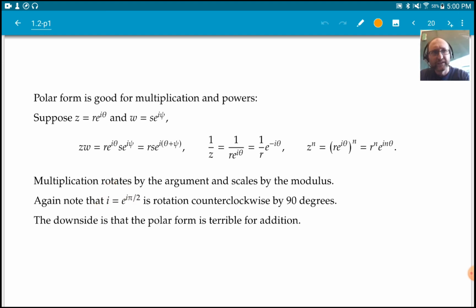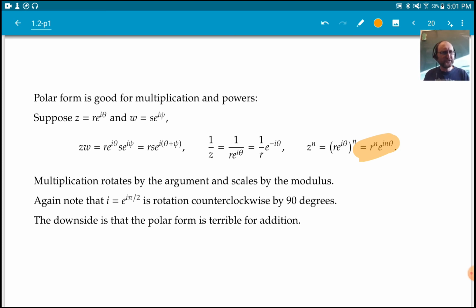All right. Now, the downside of the polar form is that it's quite terrible for addition. Oh well, you can't win them all. It makes multiplication really nice, it makes taking powers really nice, but addition is ugly in polar form. It goes the other way as well. Cartesian form is really nice for addition, and it kind of sucks for multiplication.